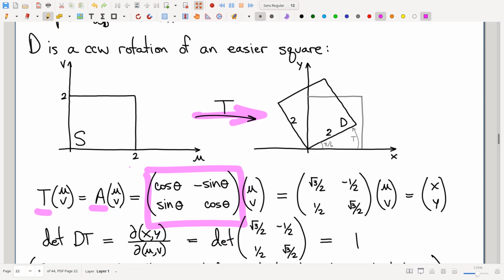Make sure you're either good with that or that you follow up with me in office hours or with the other instructors or with other resources. But make sure you can do that. Okay. The angle here, being pi over 6, makes these numbers work out like that.